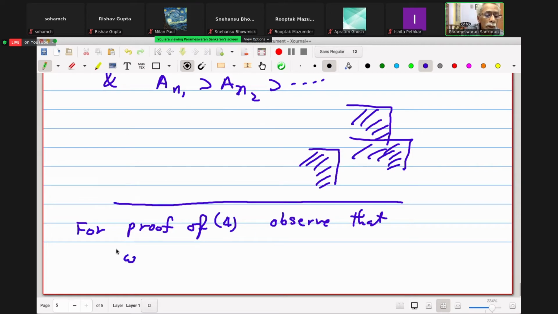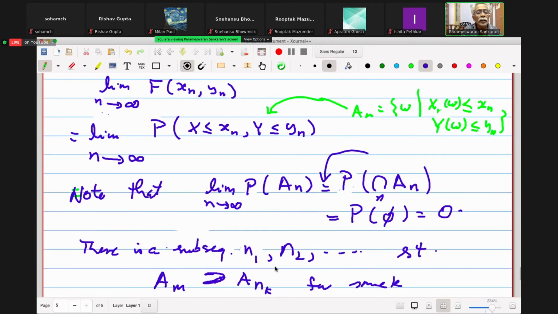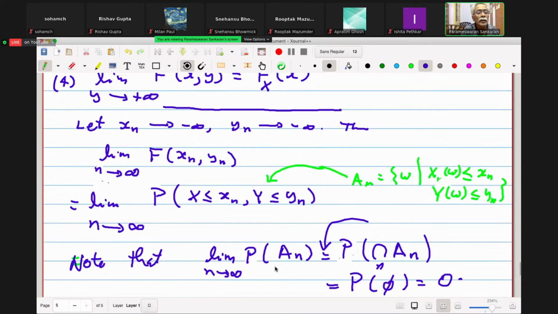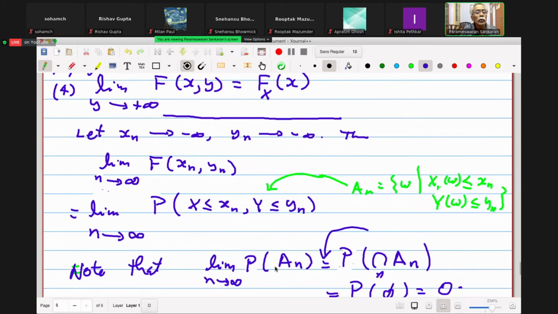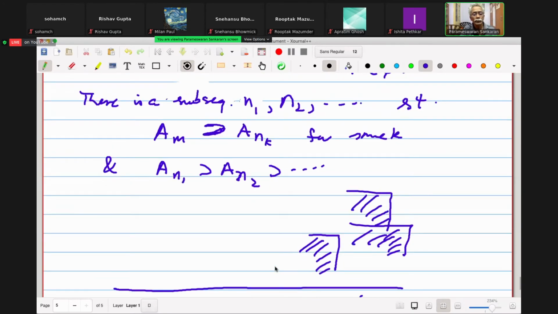The set of all omega such that X(omega) is less than or equal to x. What am I saying? This is the same thing as the limit as y goes to infinity.